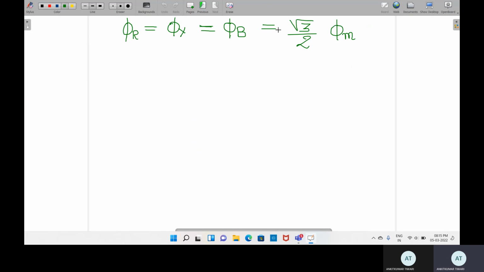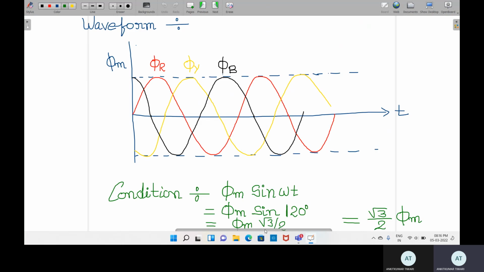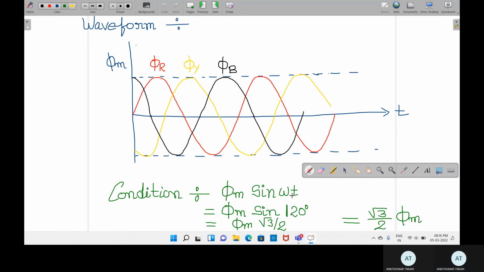We will place this value in the vector summation or resultant vector. These conditions will be remembered as I have spoken, that phi m into sine omega t fluxes are in sinusoidal waveform. Sinusoidal waveforms are represented with angle to determine the specific value. So here all fluxes are at a 120 degree, and we have simplified it.